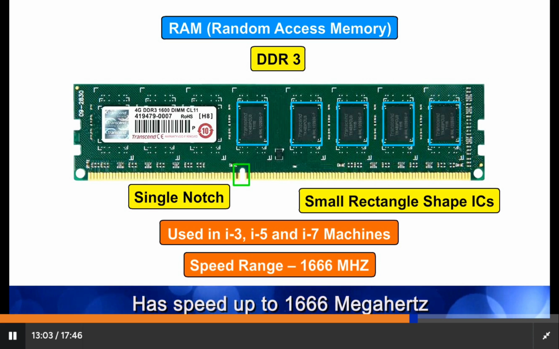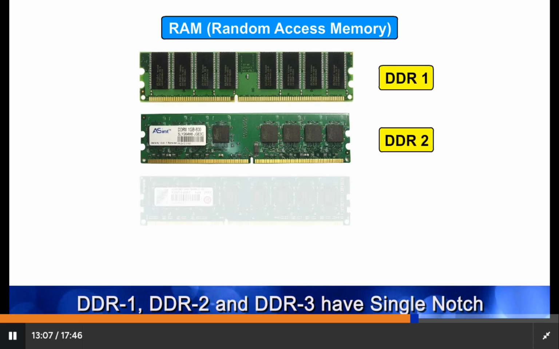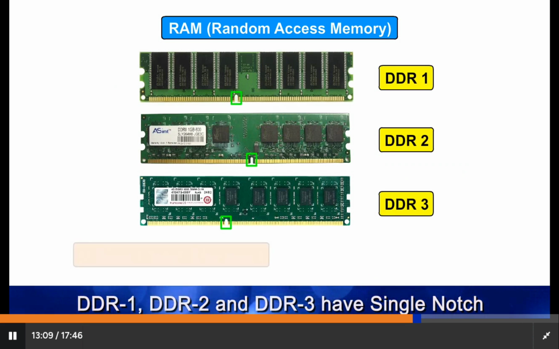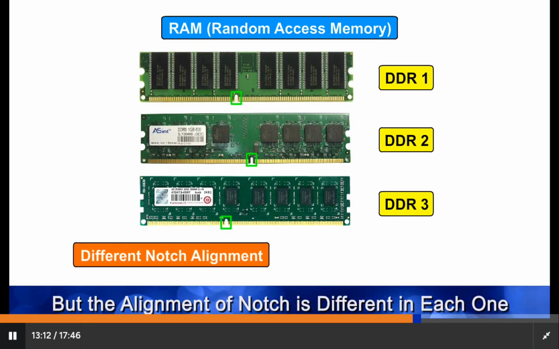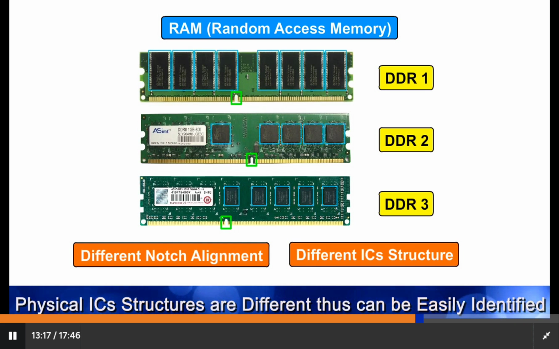1666 MHz. Though DDR1, DDR2 and DDR3 have a single notch, the alignment of the notch is different in each one and also the physical IC structures are different, thus they can be easily identified.